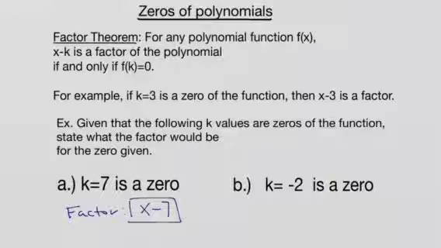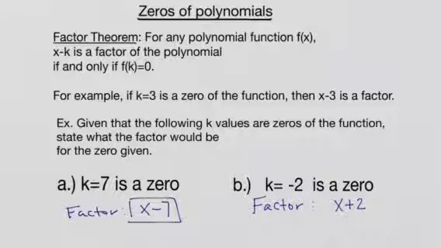In our second example, we're told that k equals negative 2 is the 0 of whatever function you would be working with in this problem, but our focus here is to see that if k equals negative 2 is a 0, then the factor of the function would be x plus 2.